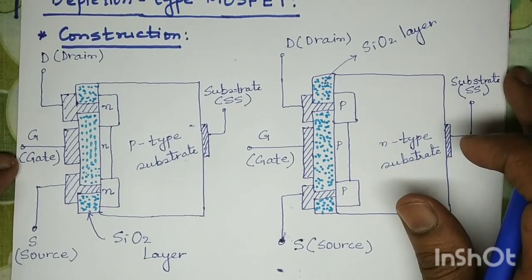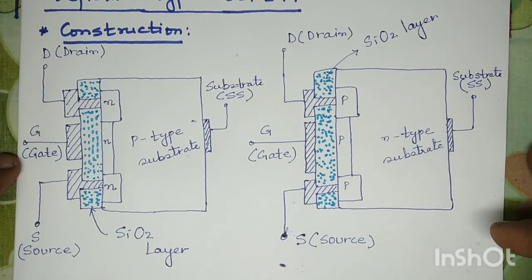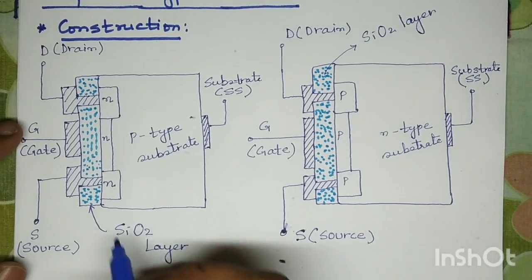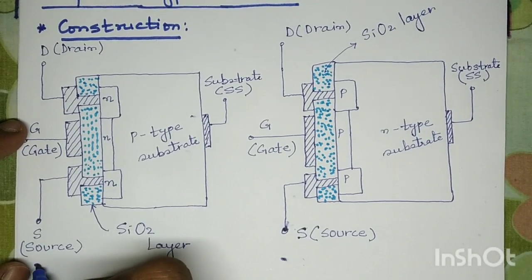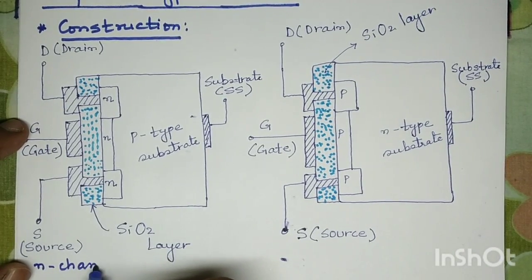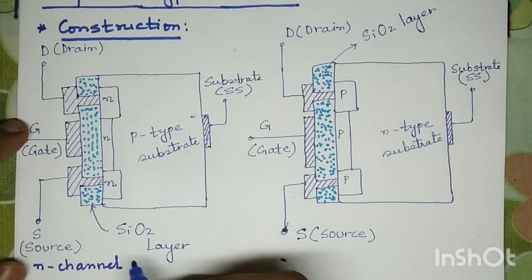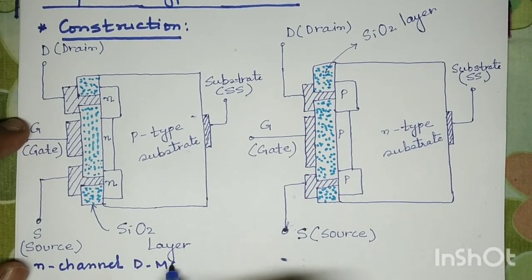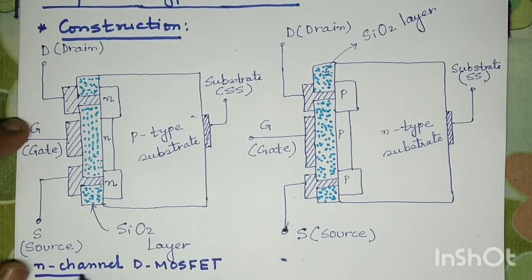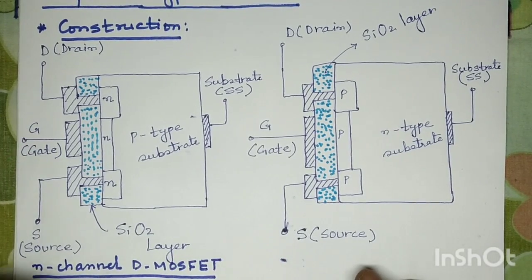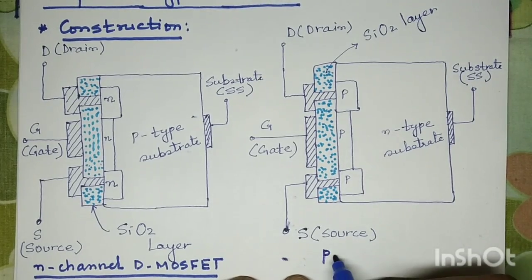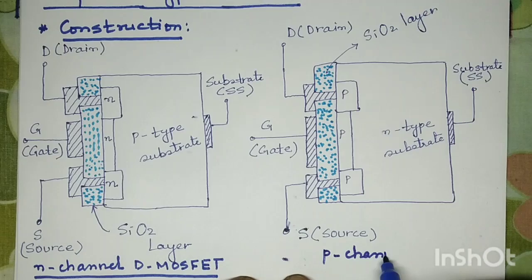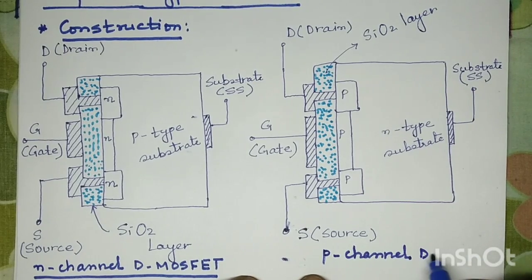This first one is the construction of n-channel DMOSFET, and this second one is the device structure of p-channel DMOSFET.